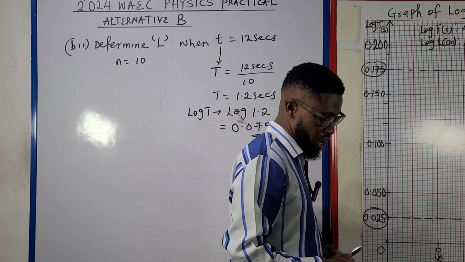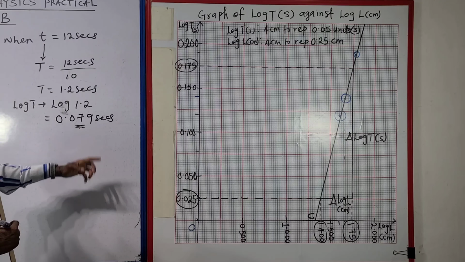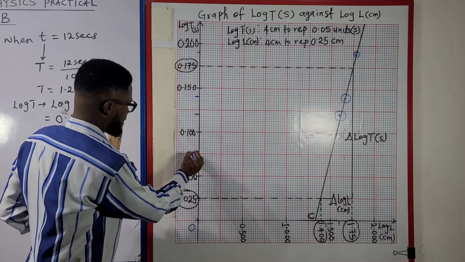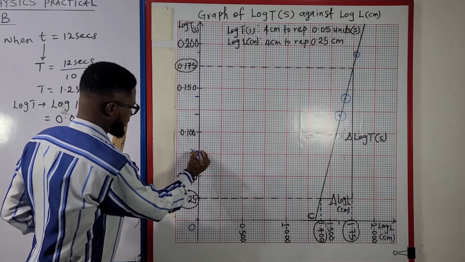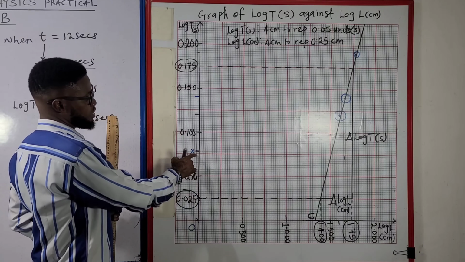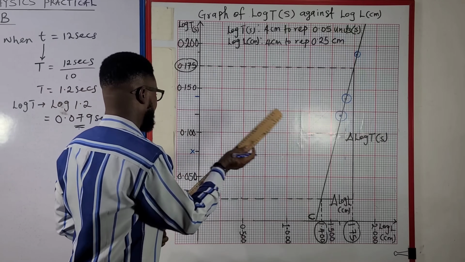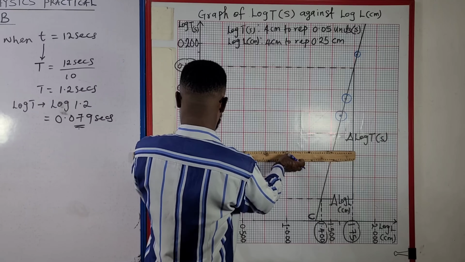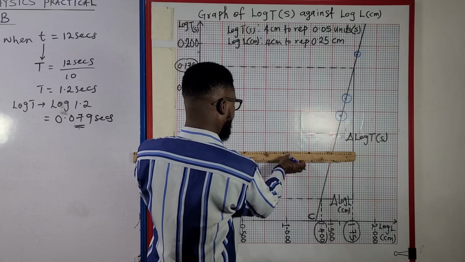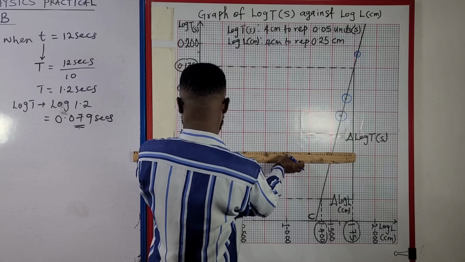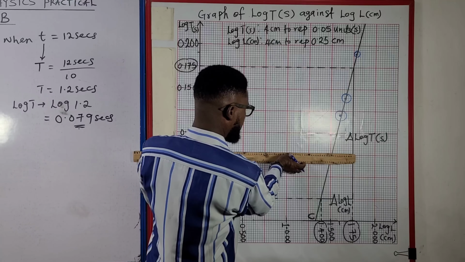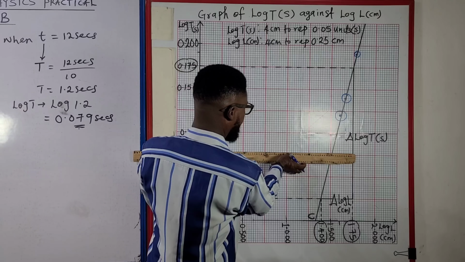So 0.079, let's look at the graph. Log T equals 0.079. 0.079 on this graph is exactly around here. This is exactly where 0.079 is. So that is exactly what we need to trace, to cut the straight line, and we use that to determine what our L is going to be.